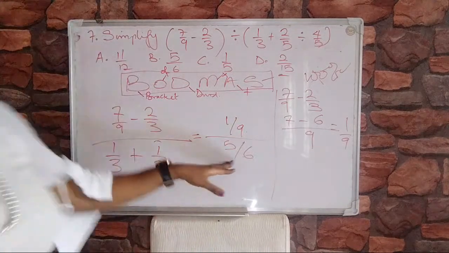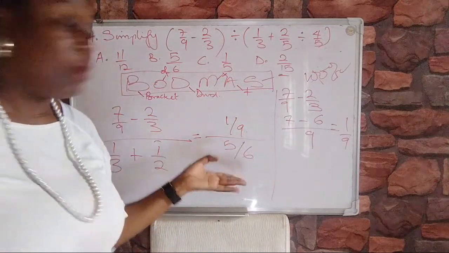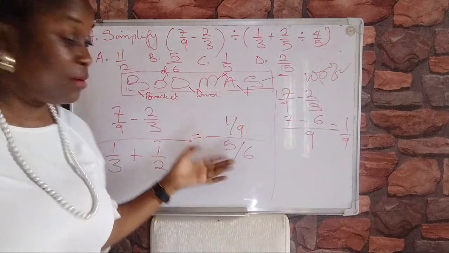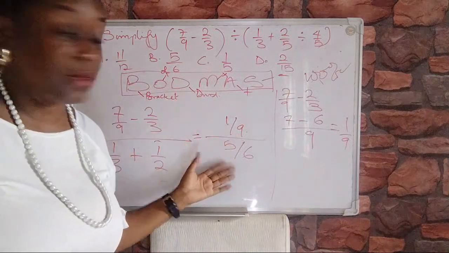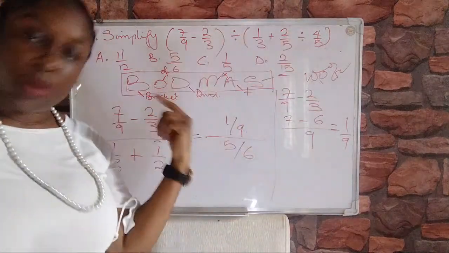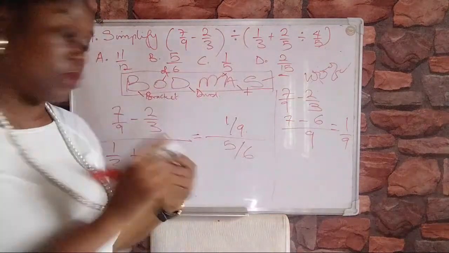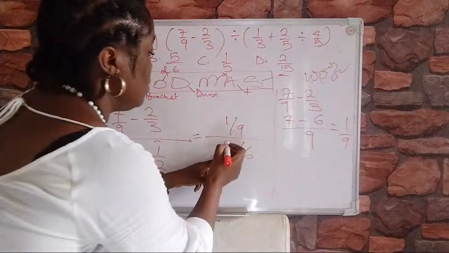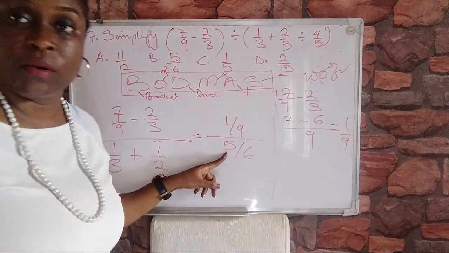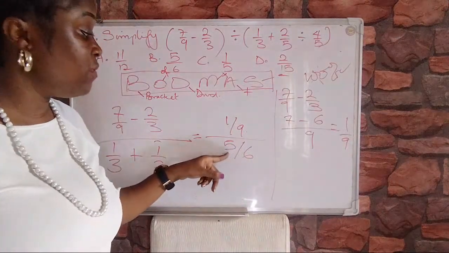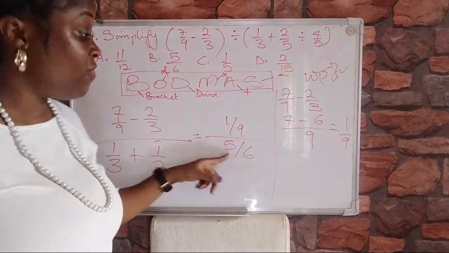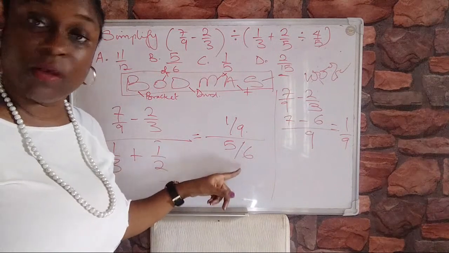Now remember the inverse rule I said about the denominator. When it's a denominator, a fraction, if you move it to the numerator, or you turn it to a multiplication, it has to be flipped over to its inverse. The inverse of 5 over 6 is 6 over 5.